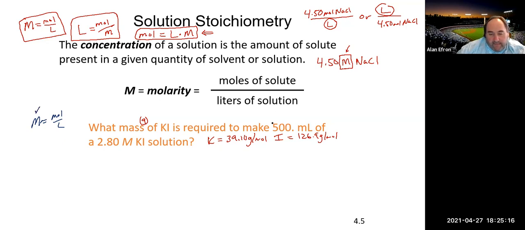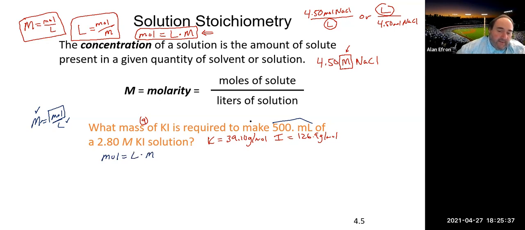We do have the volume given to us, not in liters, but we can convert it. If you are not sure where to go first, we don't have moles, so that probably would be a very good place to start. Rearranging that, the moles would equal liters times molarity.